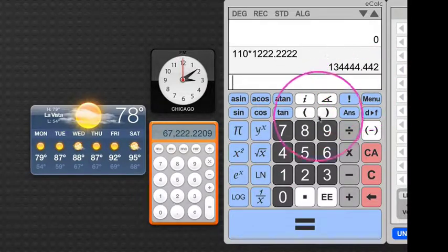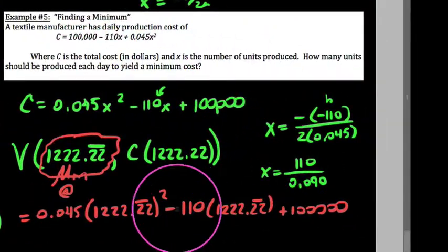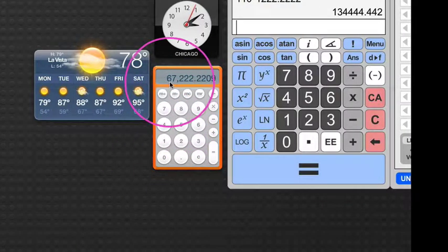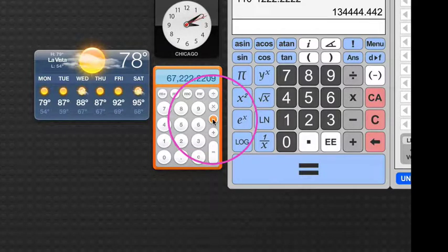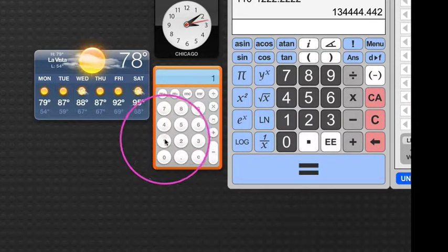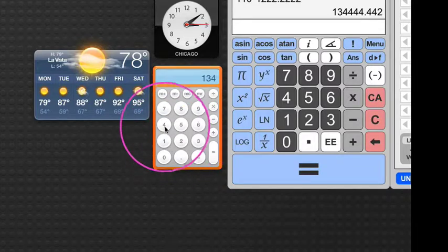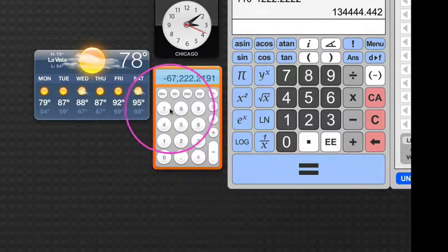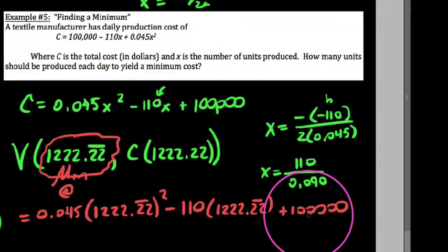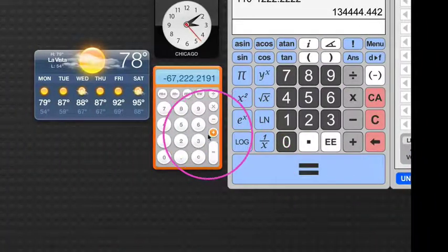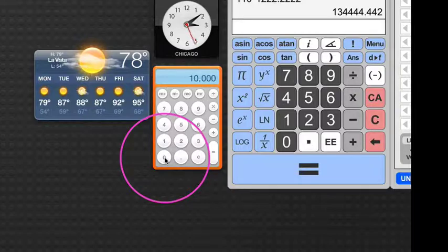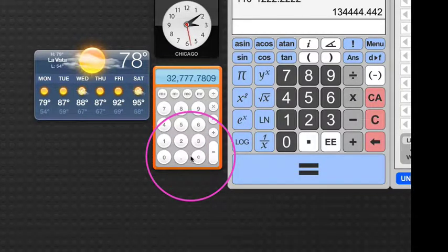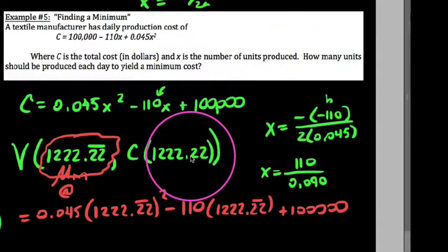And just before we sum all these together, we take this value here, 67222.222, minus 134.444. We get this here, and now plus this final 100,000. And so we'd have a minimum cost of, like, $32,700.